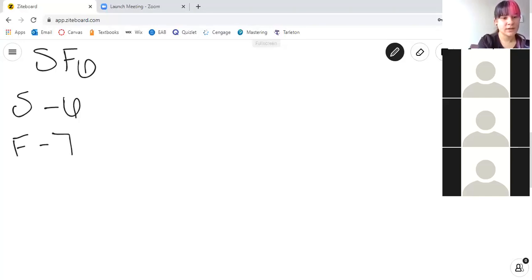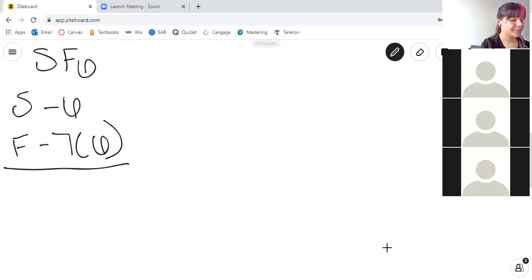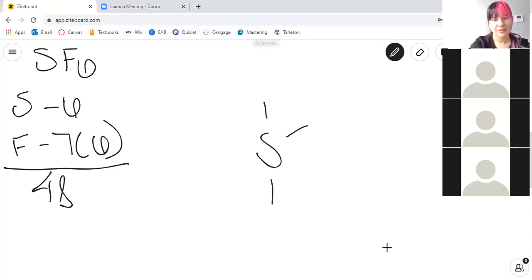Fluorine gives us 7, and we have 6, so that's 42, so it'd be 48. So we're going to have sulfur in the middle, and we're going to connect 6 fluorine.